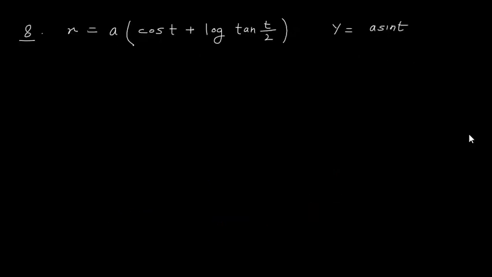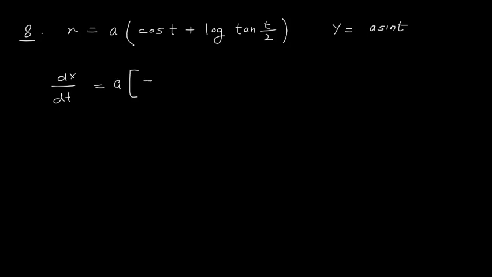Now let us see this eighth question. x is equals to a into cos t plus log of tan t by 2, and y is equals to a sin t. So again, let us differentiate x with respect to t. We will get dx by dt is equals to a, which I will write as it is.